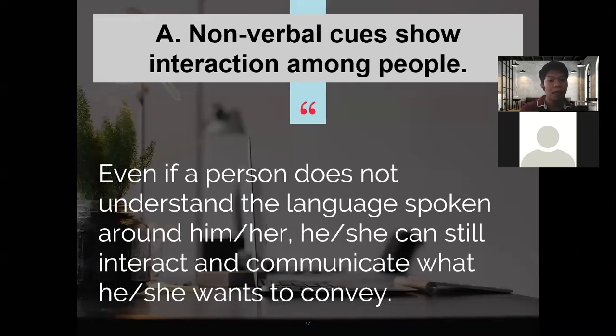So even though it's hard to interpret the meaning of nonverbal gestures sometimes, there are instances that it's easier for us to decipher or decode the meaning if those gestures being employed by the sender are commonly shared by people.